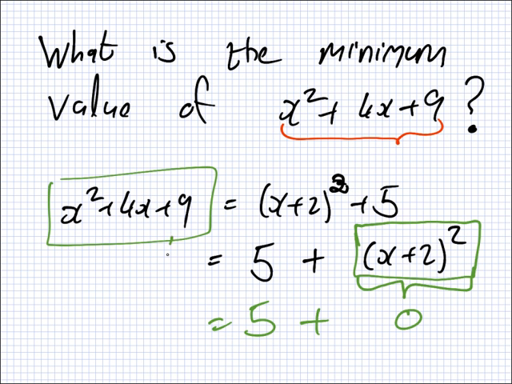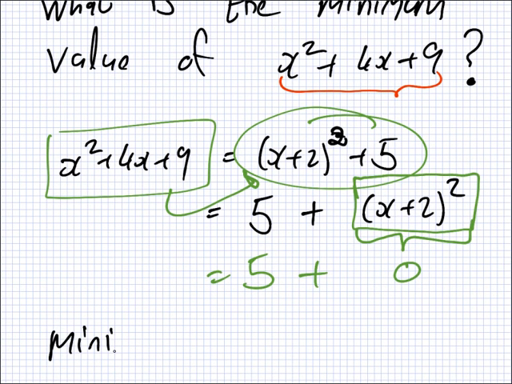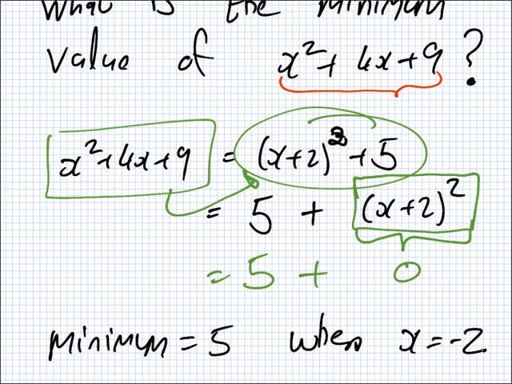Because we know that this and this is the same. And we can see clearly when we're looking at it like this, the least it can be is 5. So we can say that the minimum is equal to 5. And not only that, we can say when it happens. This happens when x is equal to minus 2. Yeah. Whereas this part in total is 0. Let's have a look at another example.